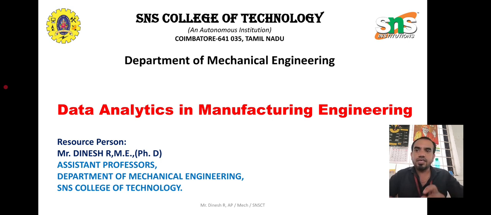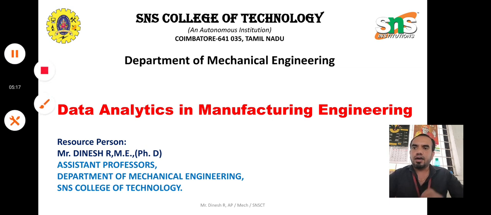So as engineers, we implement it in manufacturing engineering to improve the quality of the overall product and also reduce the cost and wastage of the product. This is what we call data analytics in manufacturing engineering.